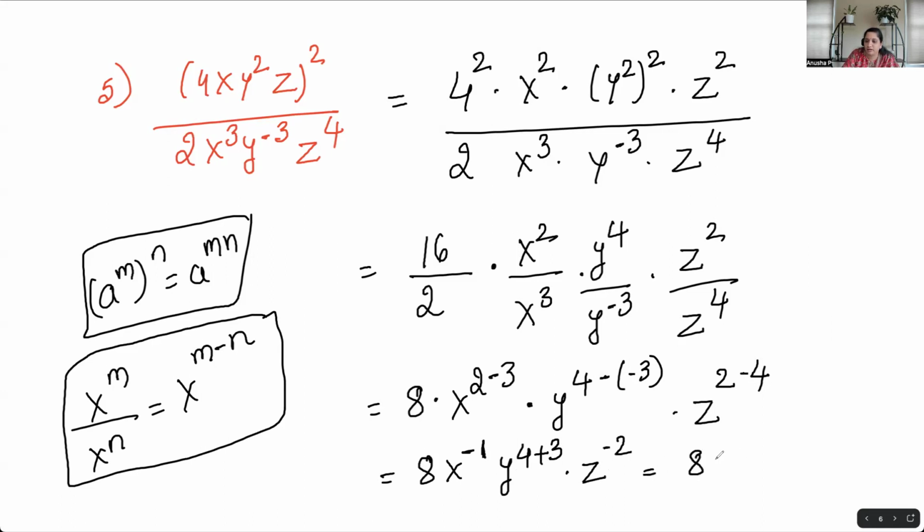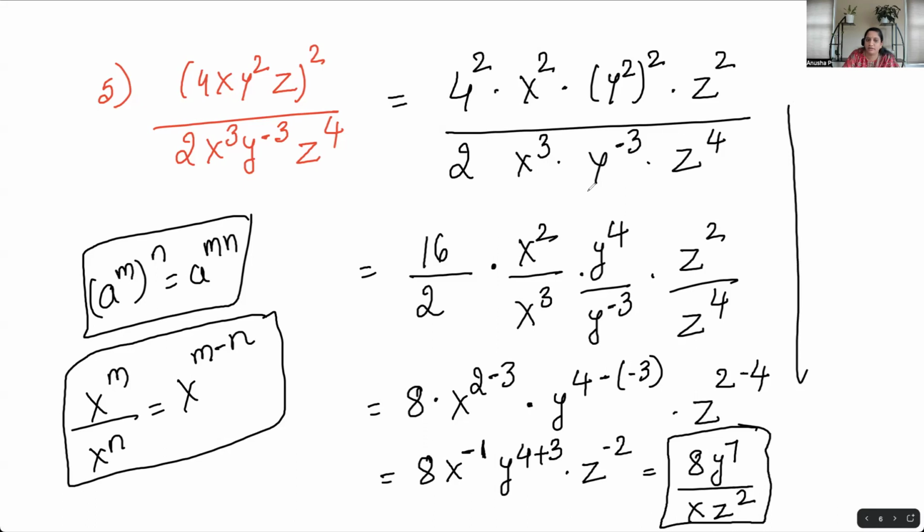So 8 y to the power of 7 over x and z square. Why did you get z square in the denominator? For that we are using another formula, where x to the power of minus m is nothing but 1 over x to the power of m, right? So z to the power of minus 2 is nothing but 1 over z square.